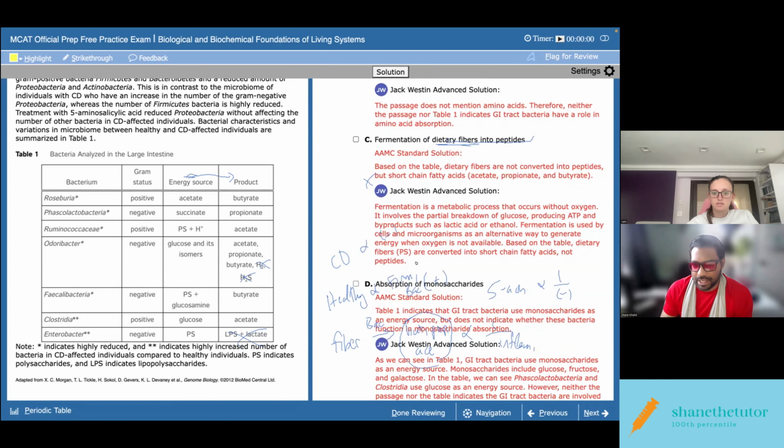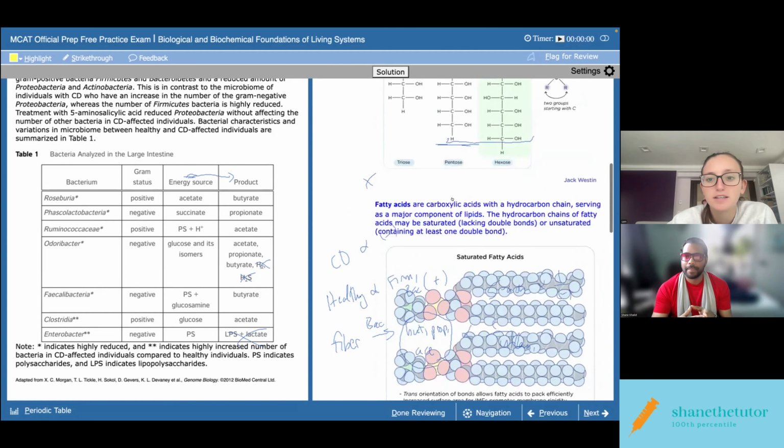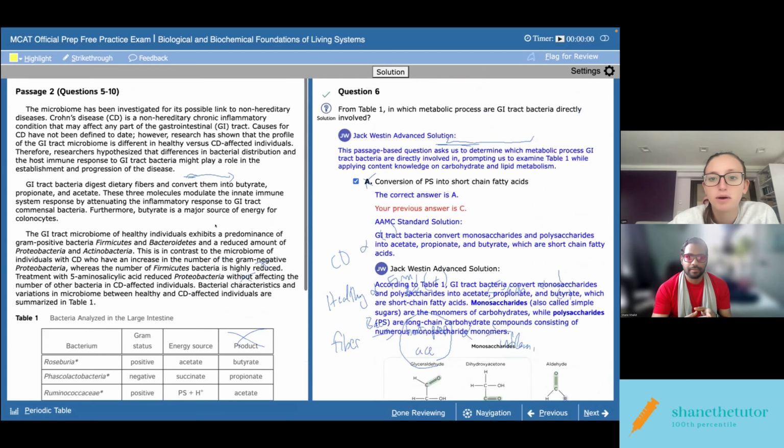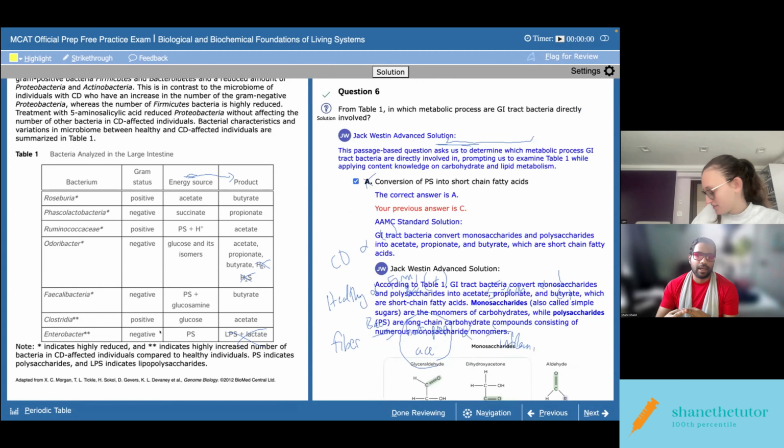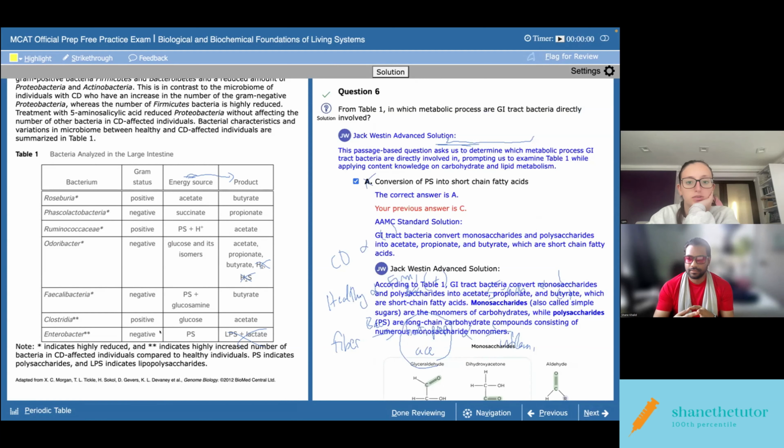This time it was this, because literally the passage used the word fiber, right? So that's why I would imagine a high percent. I feel like the fact that it said based off of the table and not the passage should potentially help. It could do that. But all right, now I understand why that's wrong, because it doesn't turn them into peptides.